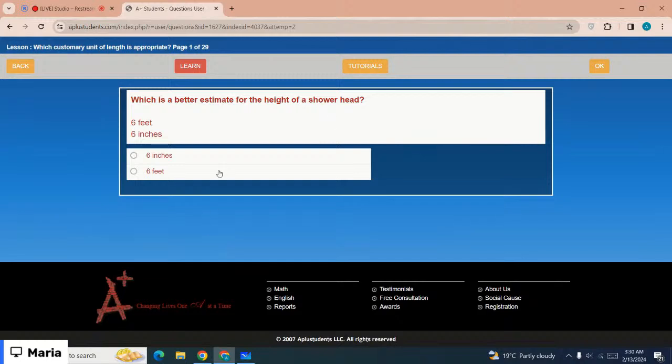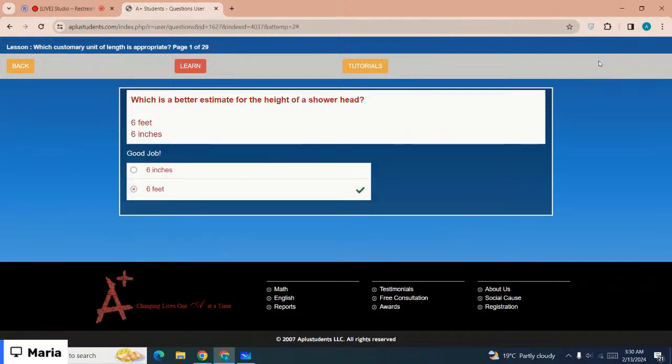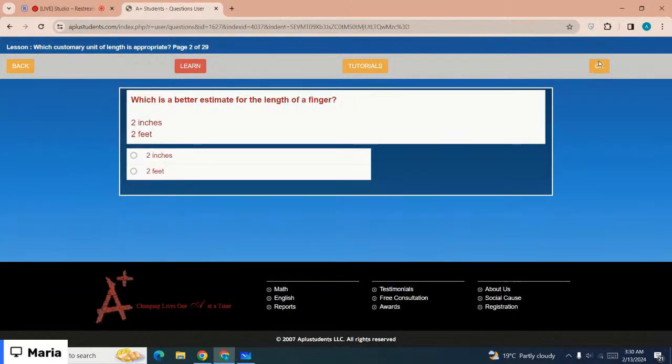Shower head it is, right? I think it's 6 feet because 6 inches is too small for the shower head.